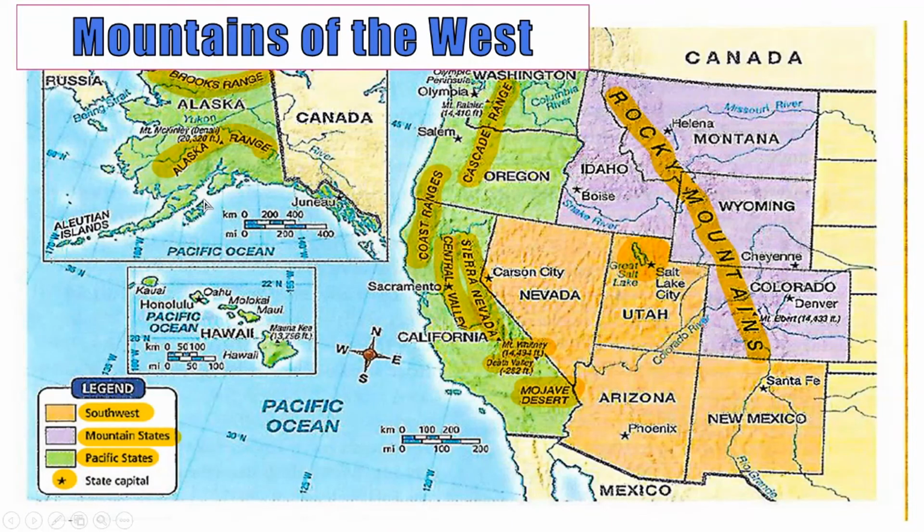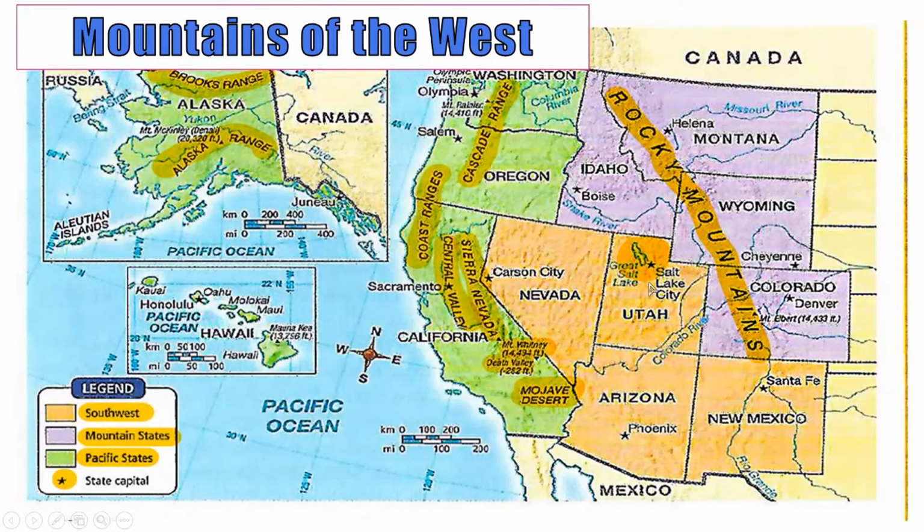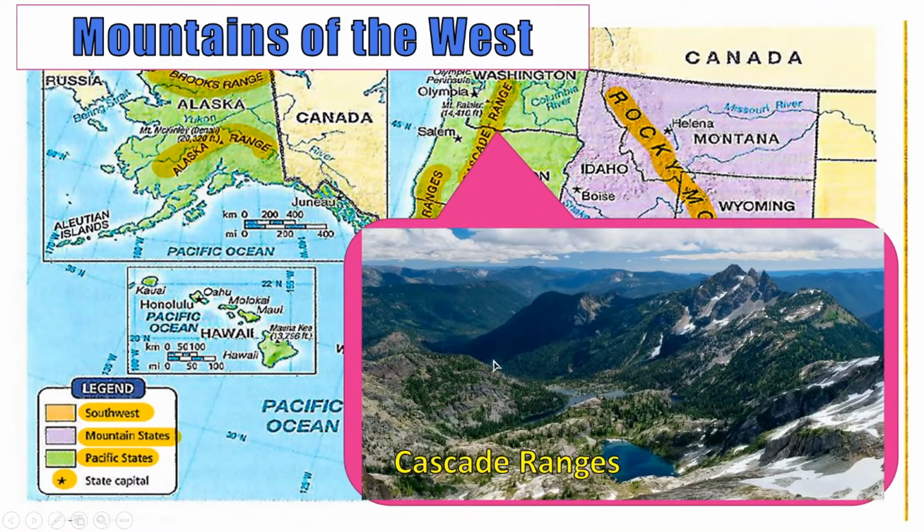Now let's discuss the mountains of the West. There are a lot of mountains in the West. First, we have the Rocky Mountains. As you can see here in the map, it's a very long mountain range from the top, with some parts in Canada, going down to Santa Fe. Second is the Cascade Ranges, a group of mountains.